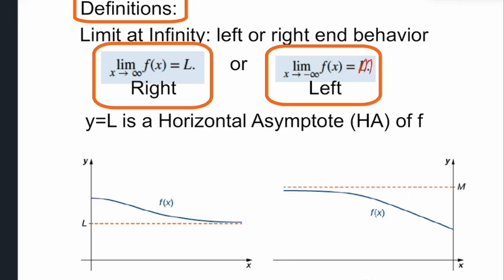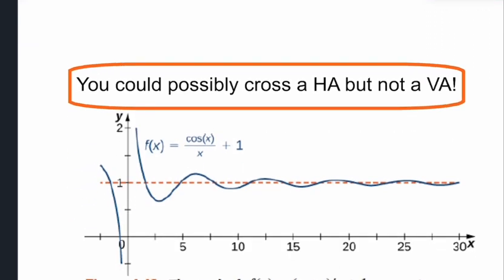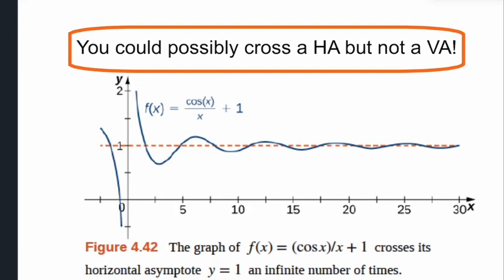But remember, a horizontal asymptote is what you are approaching if you're approaching a height on the ends. Horizontal asymptotes are a little funky. We can cross them. Vertical asymptotes we can never cross, but with a horizontal asymptote, you might bounce over it for a little while before you actually come back down. We can see that in a function like the cosine of x over x plus 1.